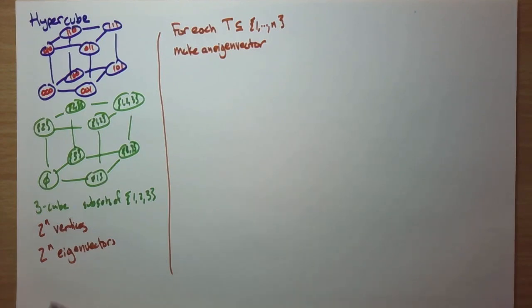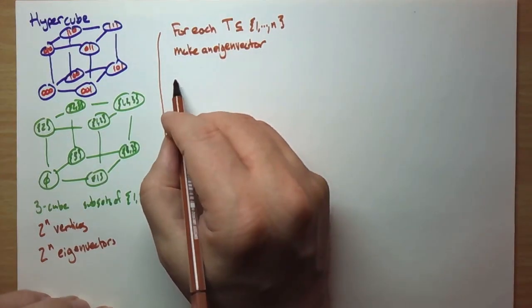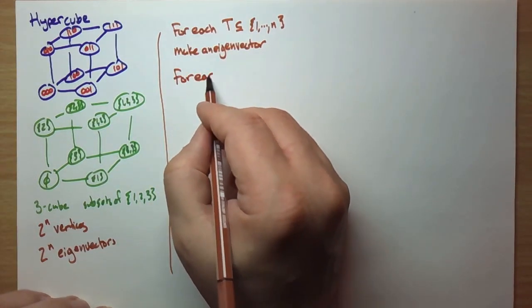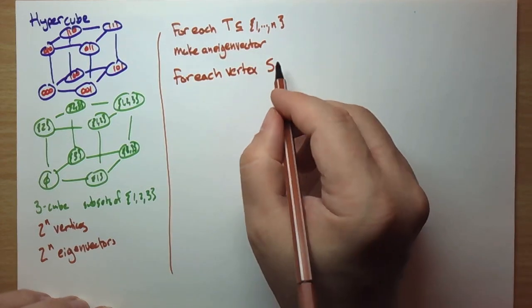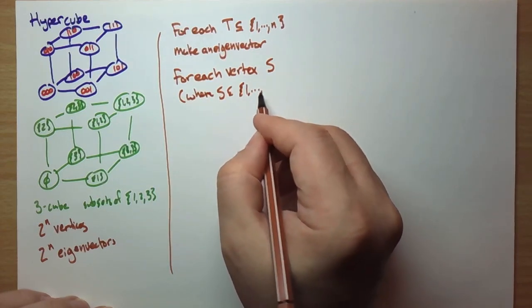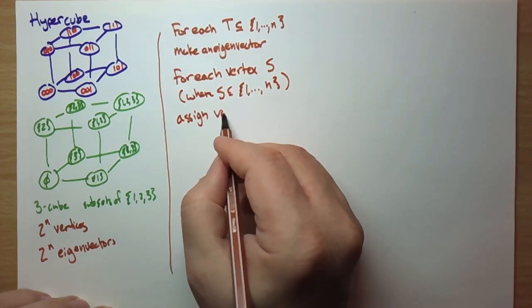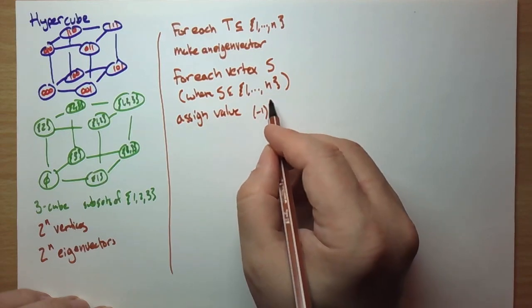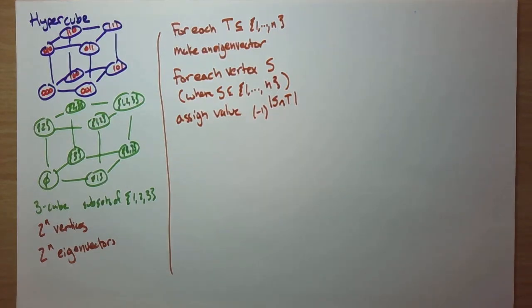Each vertex is associated with a set S. The key here is that for each vertex, which again I think of as a set S, assign the value -1 to the size of the intersection of S and T. And so all the eigenvectors become plus-minus 1 vectors.